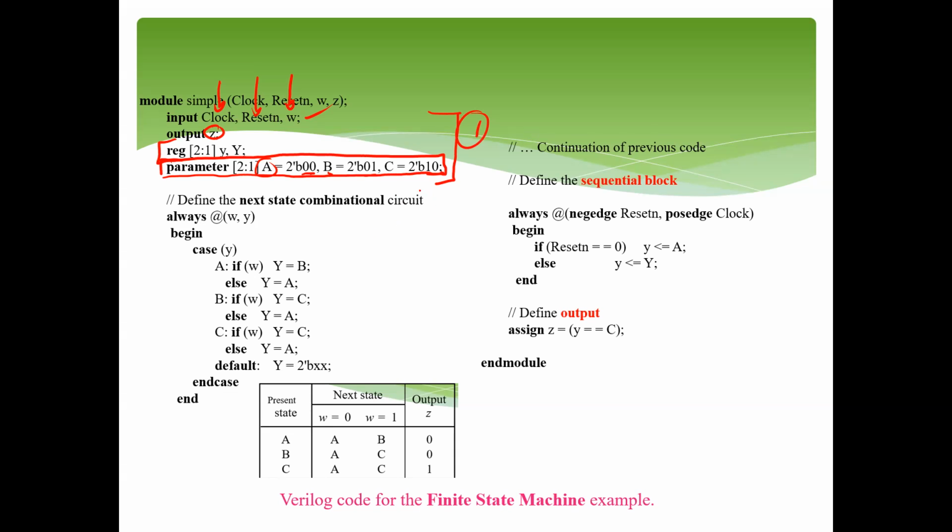Part two is right here. This is where you write, actually we have four parts. So part two, this is where you write your next state combinational circuit. This will assign the value of Y. The purpose of writing this code is to assign values of Y. Of course, Y is the next state variable.